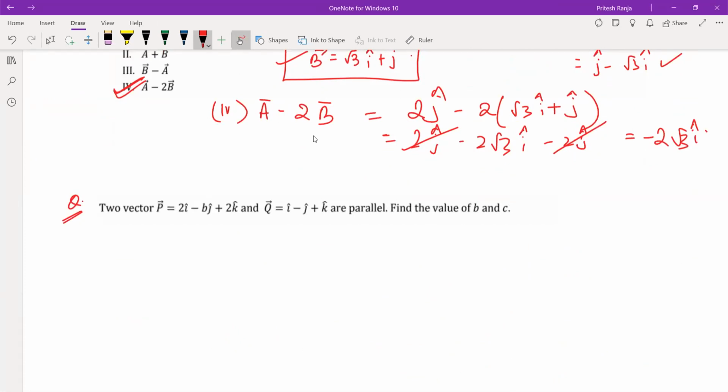So quickly all will do, then we will see a small quiz based on these vectors. All should do this one.